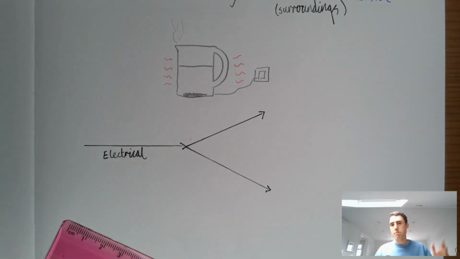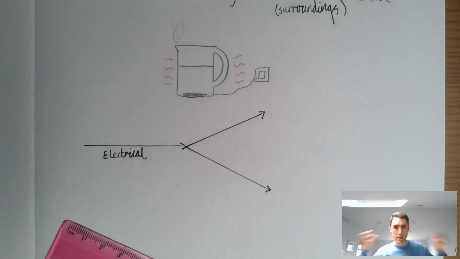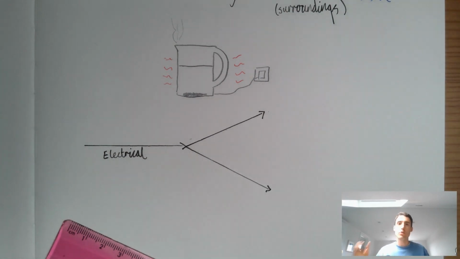But the amount of energy that is transferred mechanically in terms of bumping air particles that cause sounds to reach our ears, that's absolutely tiny compared to the energy that's transferred by heat in the surroundings. And this is the really important point that you want to get across this lesson, is when you're thinking about wasted energy, by far the biggest form of wasted energy transfers is heating the surroundings.